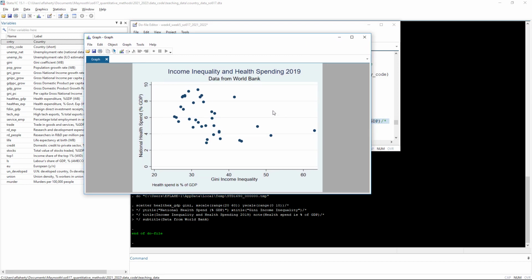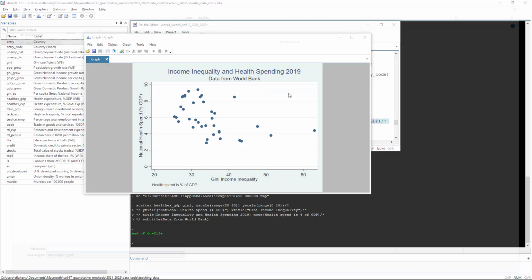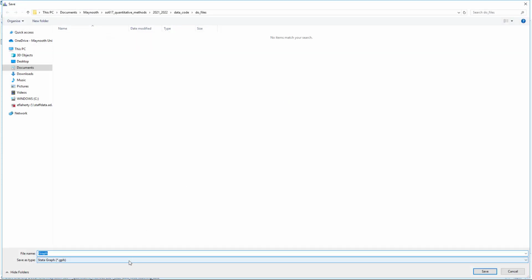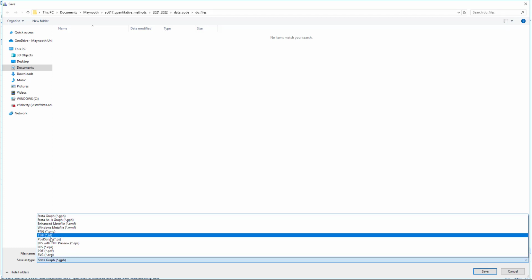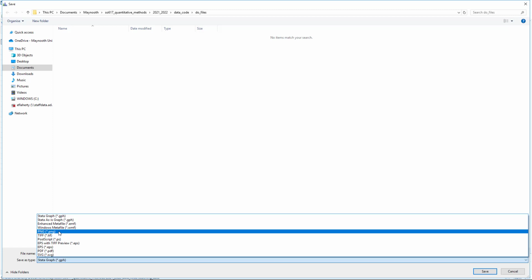You want to make sure that if you want to use these in any of the conventional word editors, you save them as a compatible graph type. So let's say you've generated your graph and you want to save it. All you do is right click anywhere within the graph, click Save As, and then go down to Save as File Type, and then save it as either a TIFF or a PNG, Portable Network Graphic.